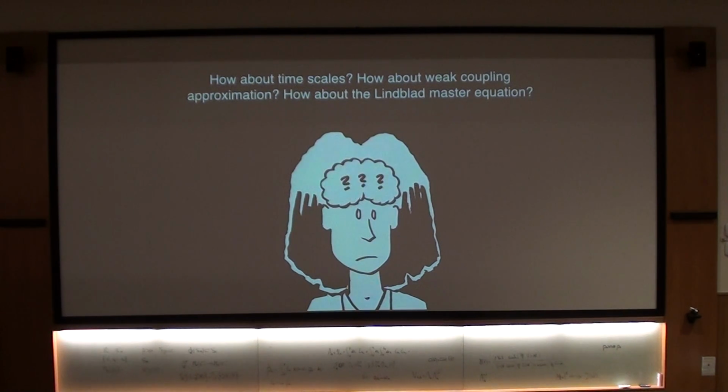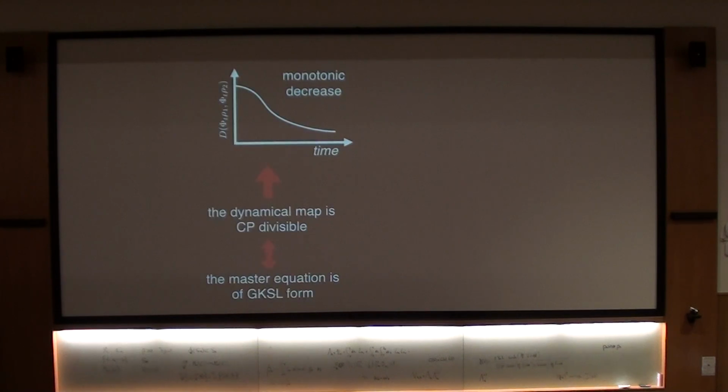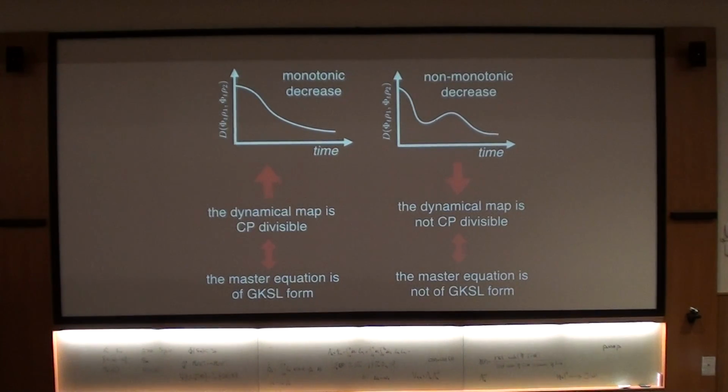How about the Lindblad master equation? Again, the connection is what I was mentioning before with divisibility. Whenever the dynamical map is CP divisible, so I'm calling it divisible here, the master equation is of Gorini-Kossakowski-Sudarshan-Lindblad form, with always positive decay rates.